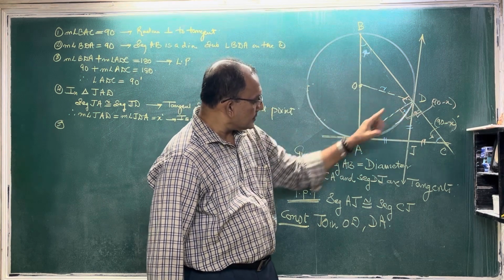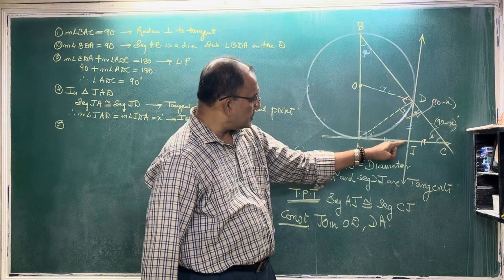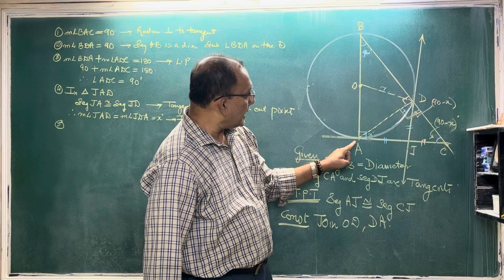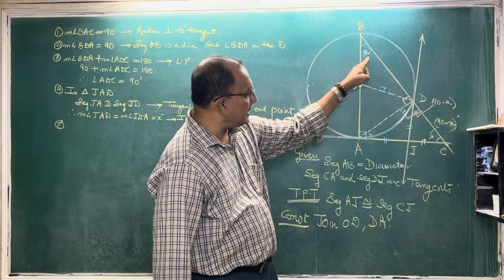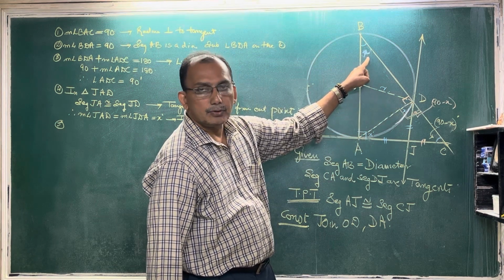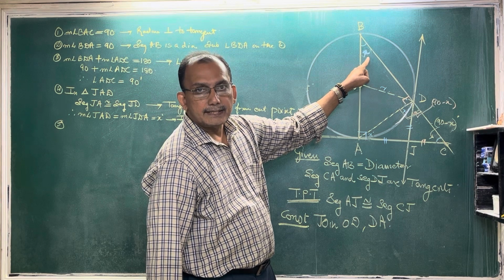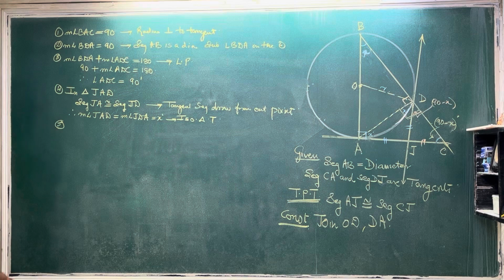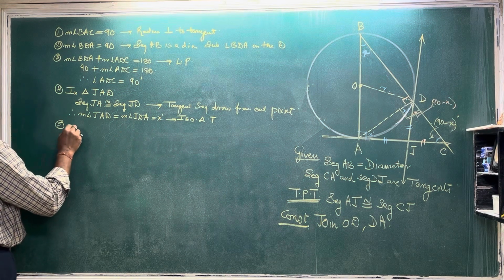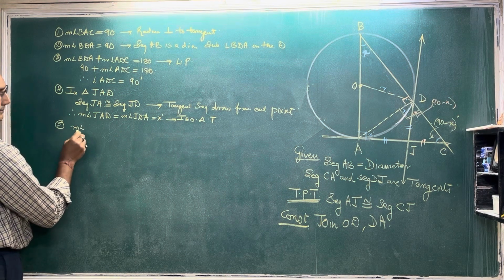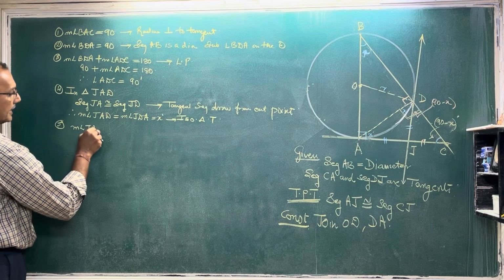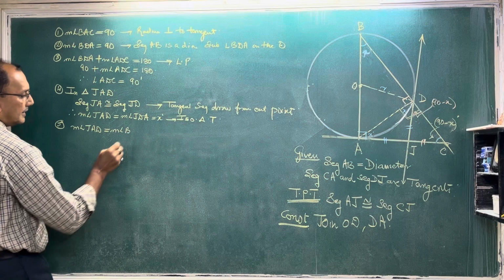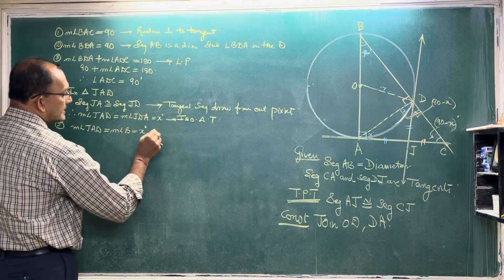So this angle JAD is X. So angle ABD also will be X by the alternate segment theorem. So measure angle JAD is equal to measure of angle B, and that too equals X degrees.